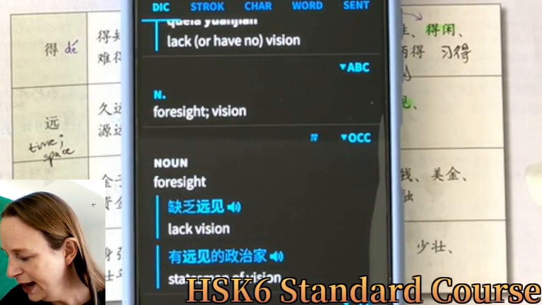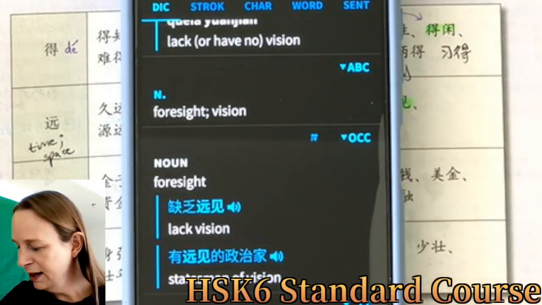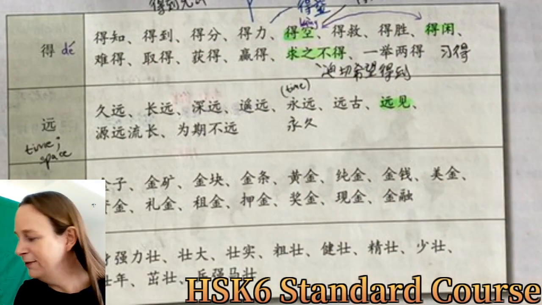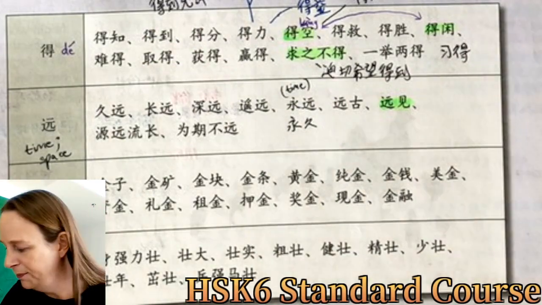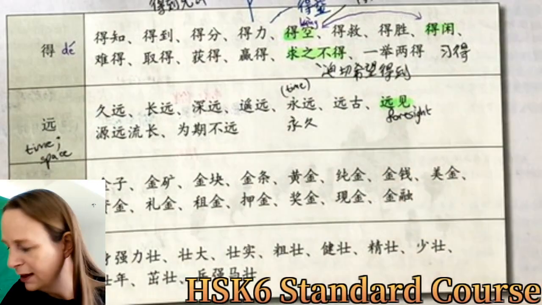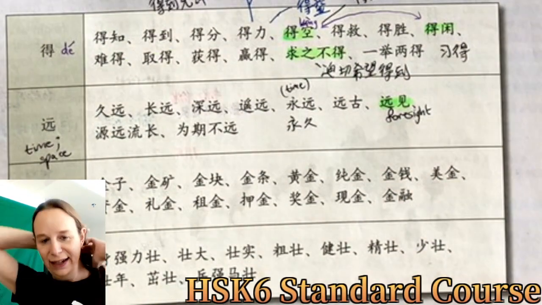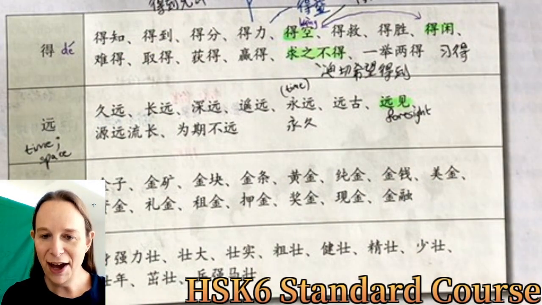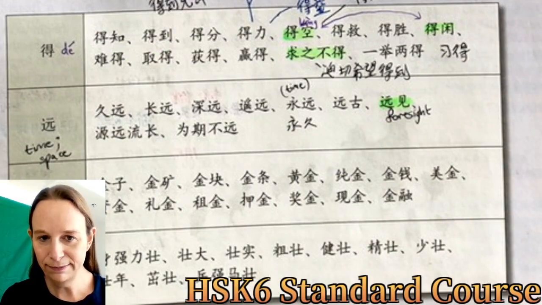So this is foresight, 缺乏远见, 有远见的政治家. Okay, this is a new word for me, foresight. It was not what I was expecting. I guess 远 is functioning with respect to time rather than distance.